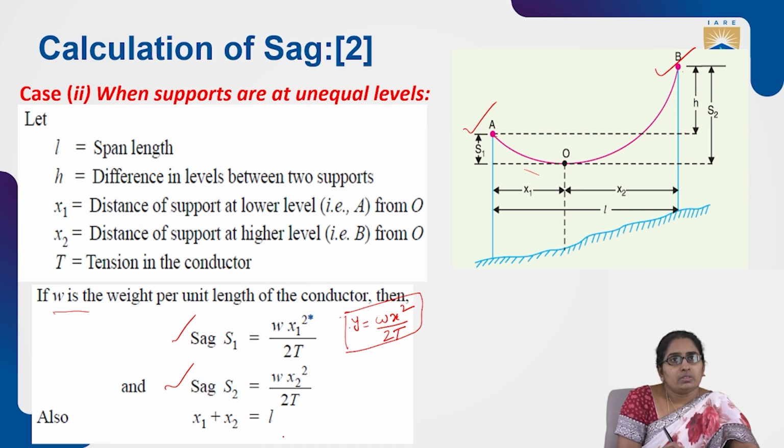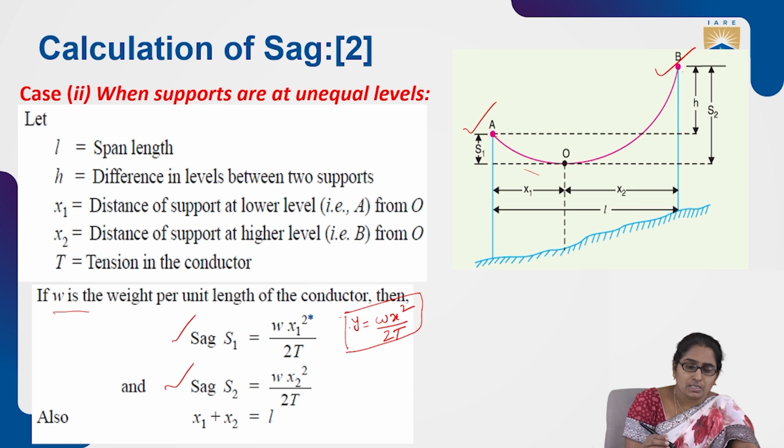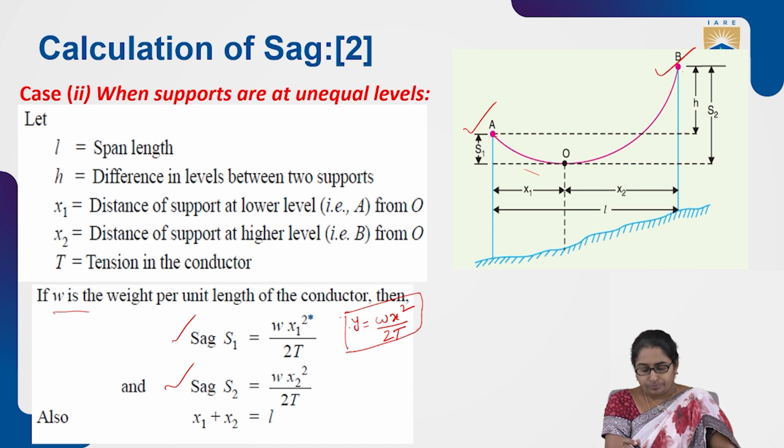It is further simplified as follows. We know that x1 plus x2 is equal to the total horizontal distance, which is the length of this span. That means x1 plus x2 is equal to L.